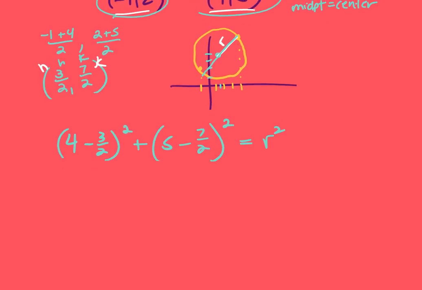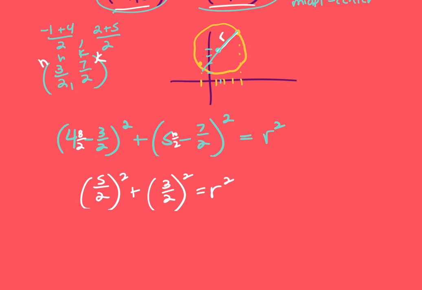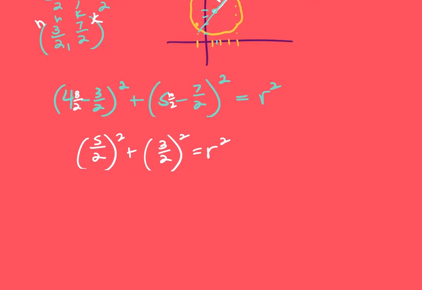So then 4 becomes 8/2, and this is 5/2 squared. 5 becomes 10/2, and this becomes 3/2 squared. 5/2 squared is 25/4. 3/2 squared, 9/4.